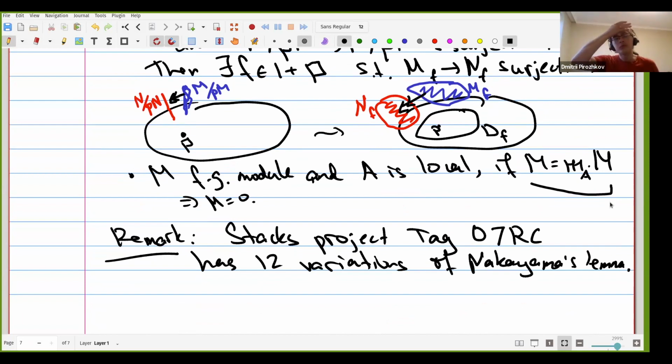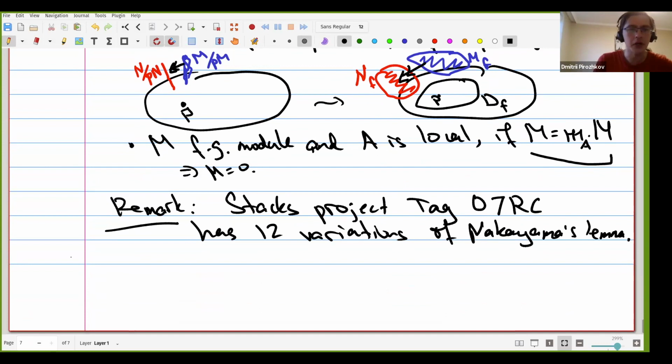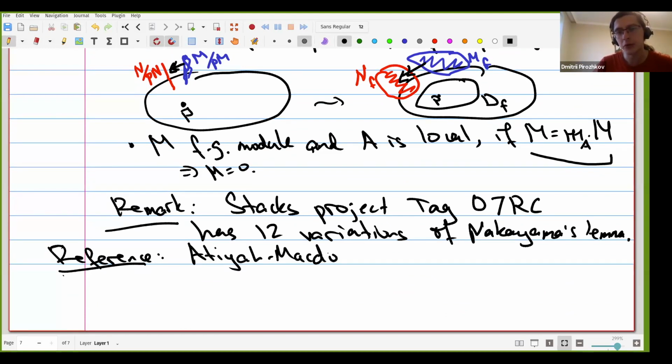It also has very brief proofs, but you may prefer reading some more readable reference. For example, a very good book is Atiyah–Macdonald's Commutative Algebra.